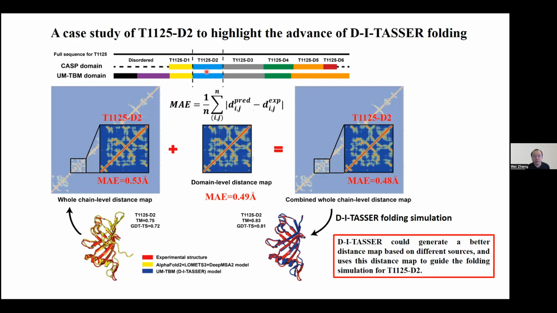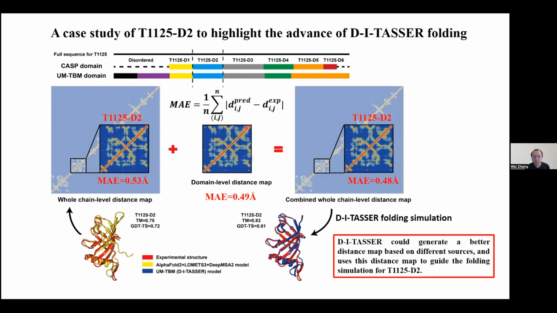T1125D2 is the second domain of target T1125, where I-TASSER correctly predicts the domain boundary. If we check the distance map of this domain from the whole chain level distance map, we can find that the error of the predicted distance is 0.53 angstrom.